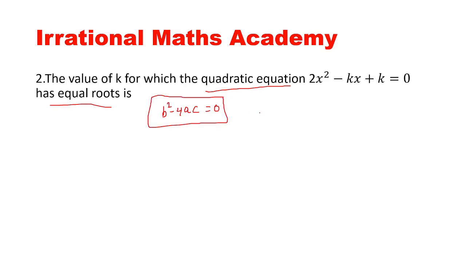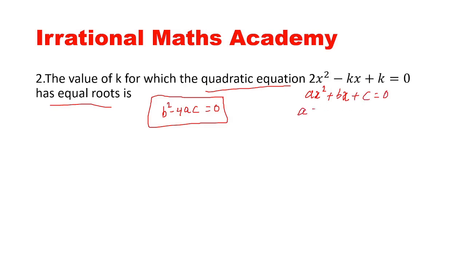If they ask whether the roots are equal, then you only have to check b square minus 4ac and see whether it is 0 or not. But when they mention it has equal roots, then the formula should be b square minus 4ac equal to 0. Let me equate it to the standard form, a x square plus bx plus c equal to 0.